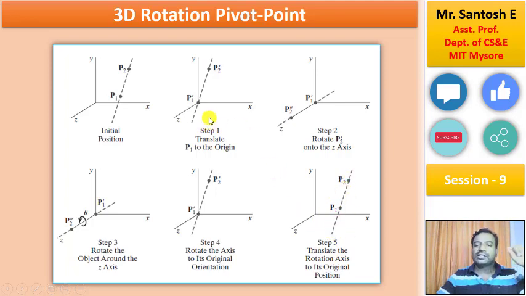So: translate, rotate, apply the actual rotation with respect to the origin and the axis reference, then re-rotate, and retranslate. This is the 5-step process I want to apply. So with these 2 translate steps, I need to add 2 more steps: the rotation and the re-rotation, or the inverse of the rotation.